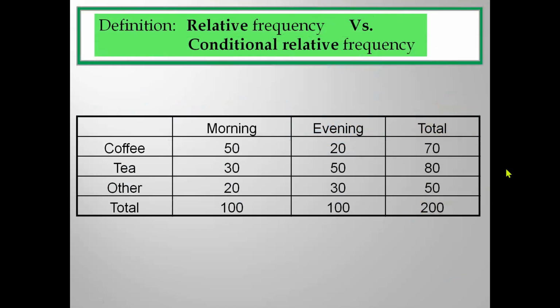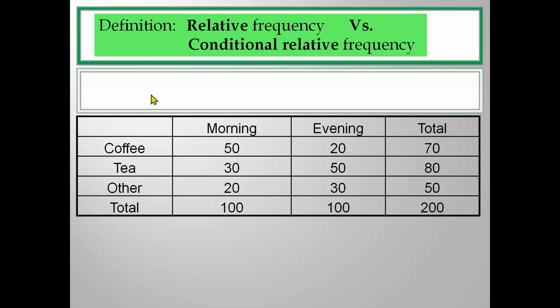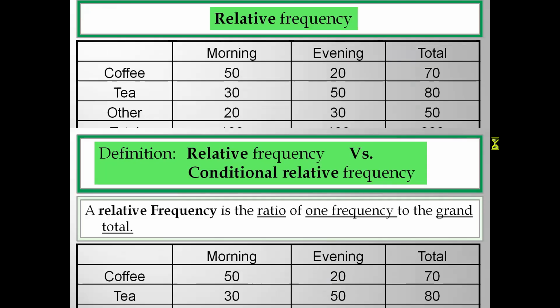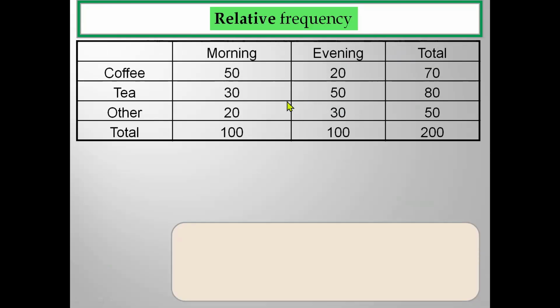Now it's time to look at relative frequency. Relative frequency is the ratio of one frequency to the grand total. So here in our data set, all of these are our frequency values. So what we're going to end up doing to each one of these frequency values is divide all of them by the grand total.